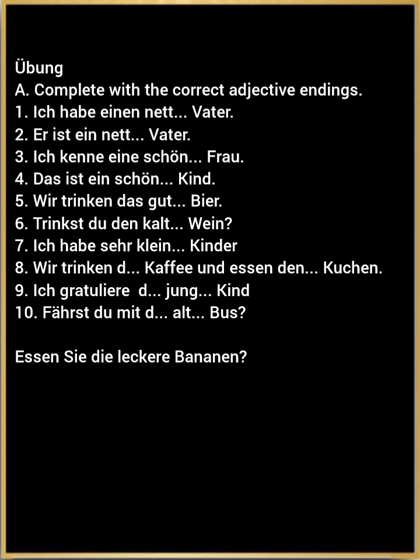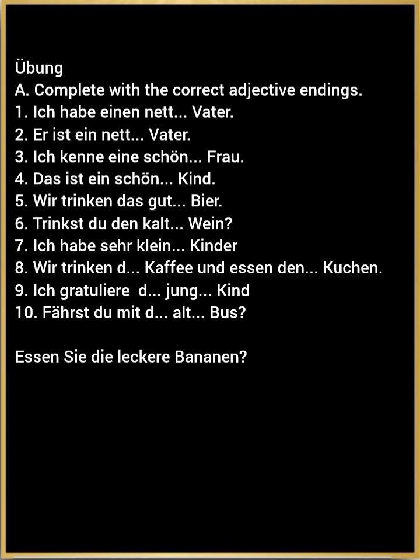And then number 2, ist ein net Vater. Remember, it's ein Vater. Now this is a nominative. You are told clearly after ein for masculine we add er. So that should be ist ein netter Vater. Ist ein netter Vater.